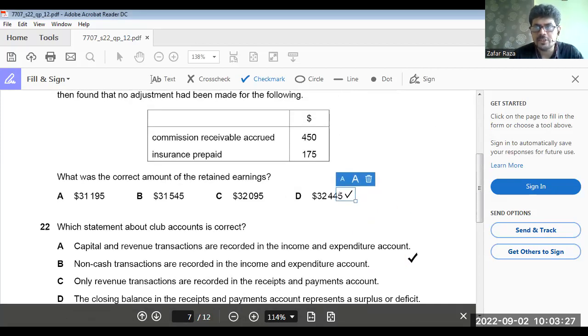We have to add commission receivable and we have to add insurance prepaid, because prepaid insurance decreases the expense and increases the profit.